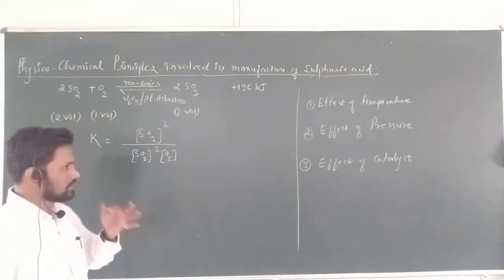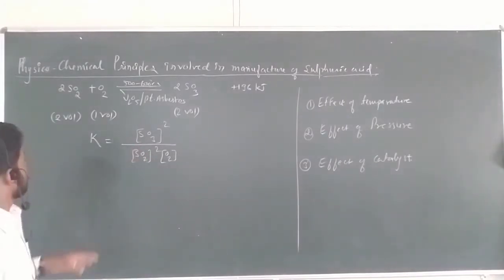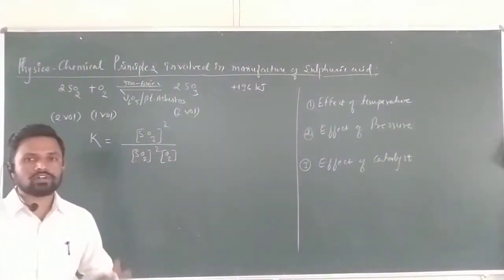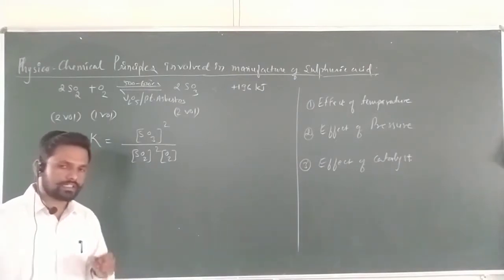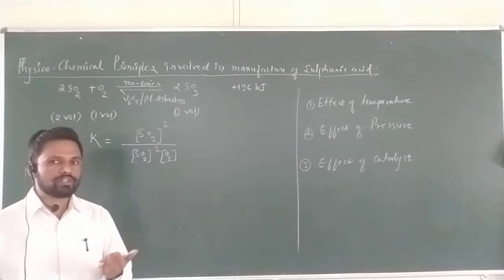Today we are going to discuss something very important regarding the manufacture of sulfuric acid, that is, the physicochemical principles involved in the manufacture of sulfuric acid. Already we studied the physicochemical properties of ammonia.